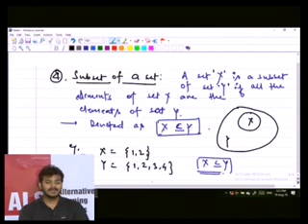It is denoted with this horizontal U kind of symbol. So X is a subset of Y.